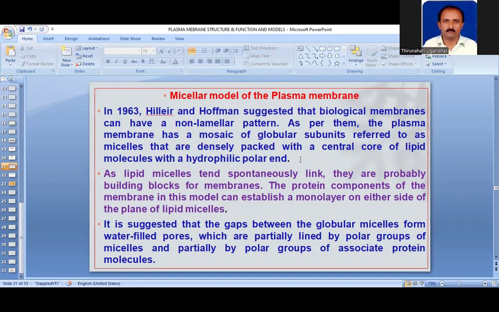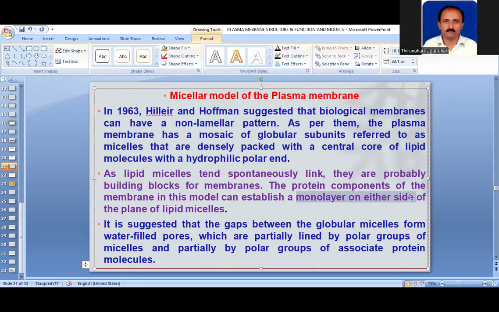As lipid micelles spontaneously link, they are probably building blocks for membranes. The protein components of the membrane form a monolayer on either side of the plane of the lipids. It is suggested that the gaps between the globular micelles form water-filled pores, which are partially lined by polar groups of the micelles and partially by polar groups of associated proteins or molecules.